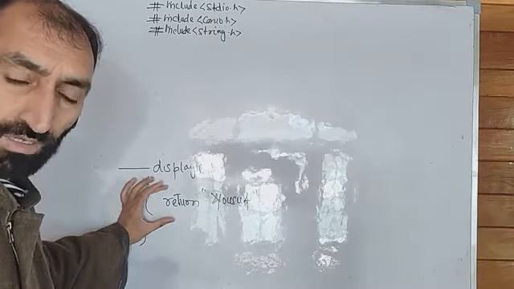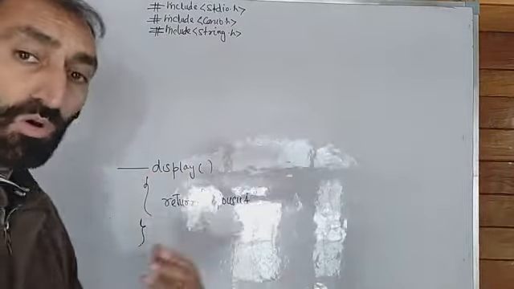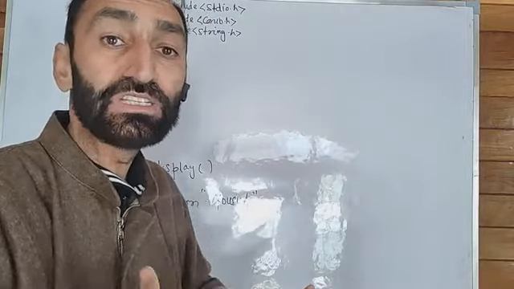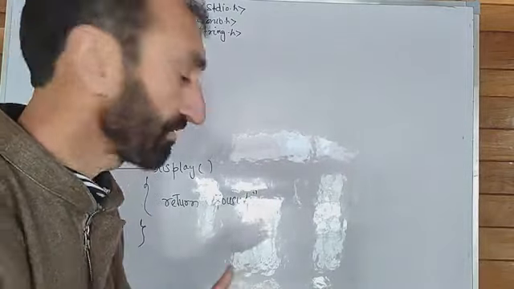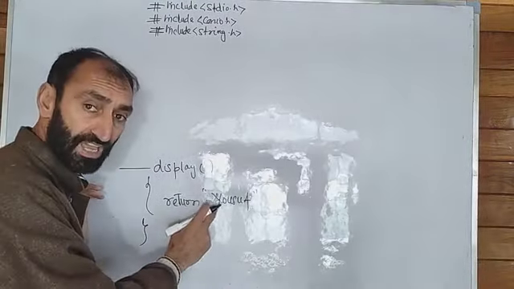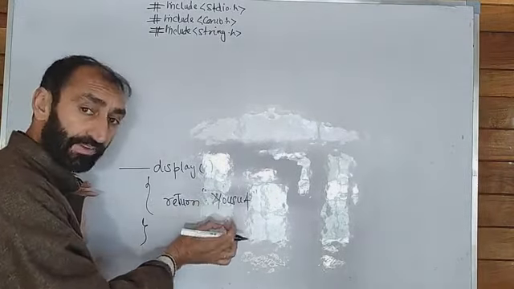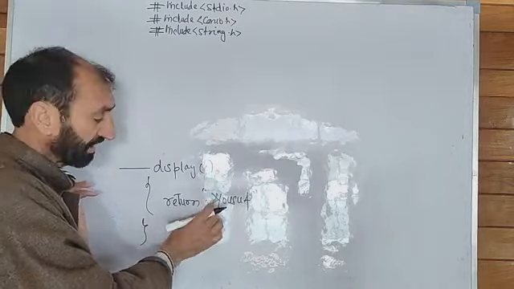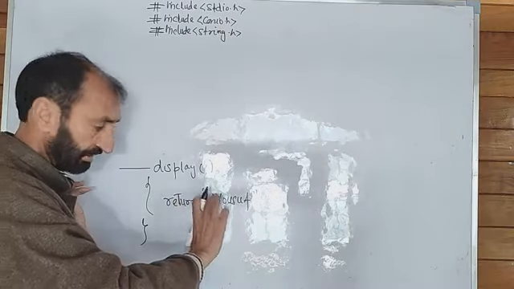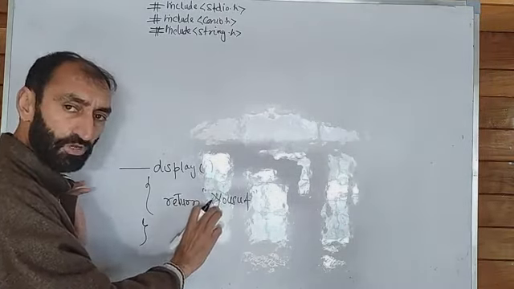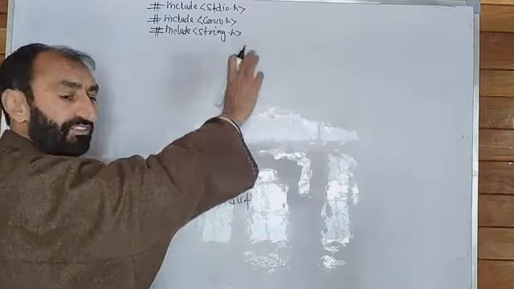Now first of all we should know what the return type is. Actually, what are we going to return? We are returning the base address, that means the address of the first byte of this string, to the calling function.